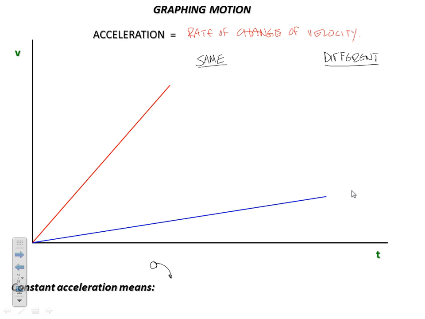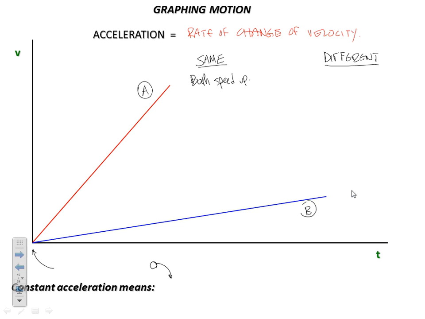How about we call this object A, we call this object B. Same: what do they both do? Well, these both speed up. How do we know that? Let's look at the first instant in time.